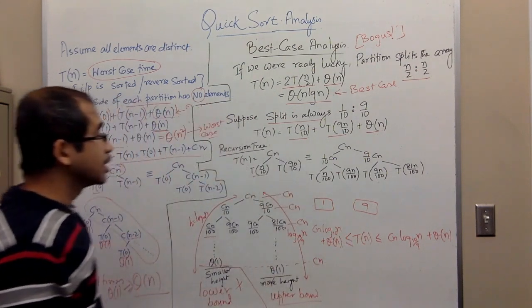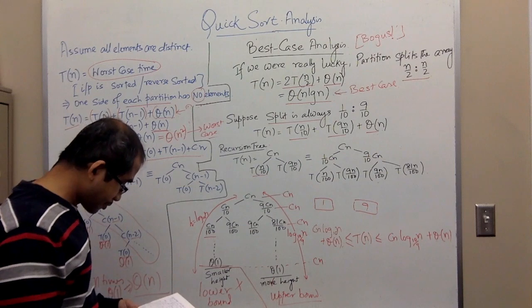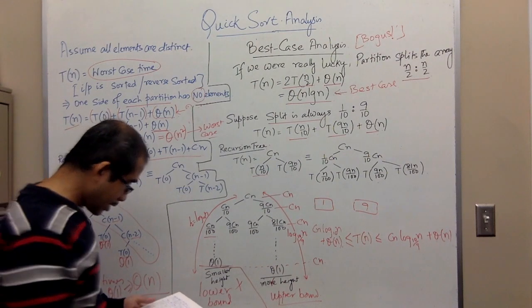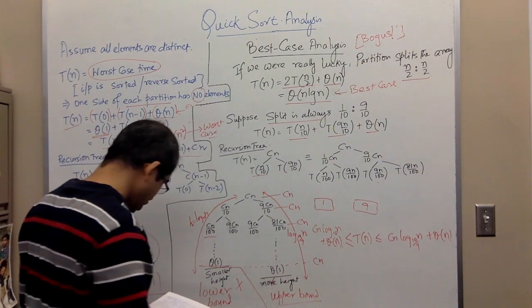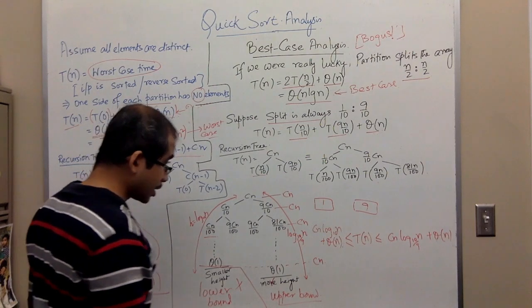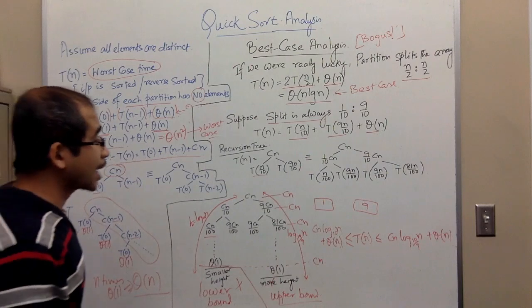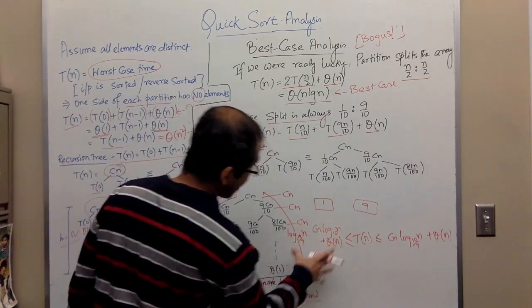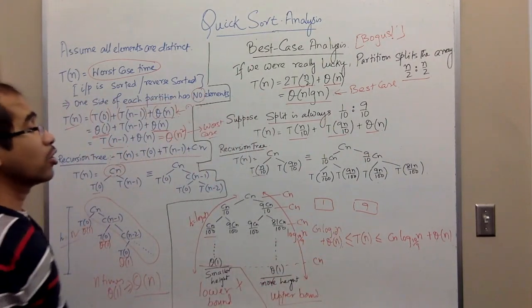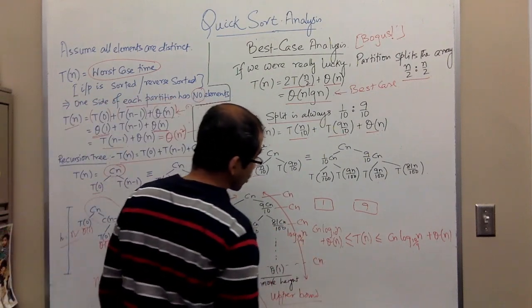So Tn is less than this thing and greater than this thing. Tn is actually upper bounded by some logarithmic function, and also lower bounded by another logarithmic function.